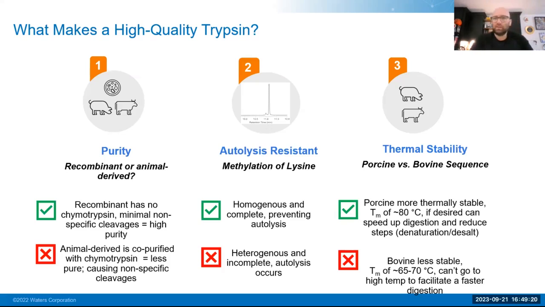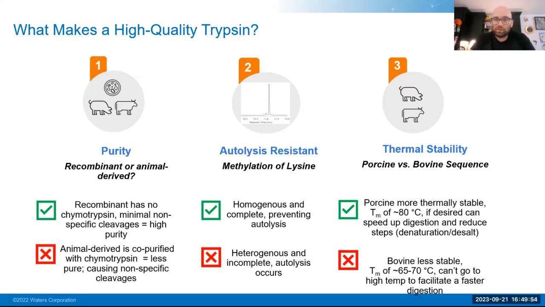We really wanted something that was thermally stable as well. Again, we're trying to minimize the time it takes to perform the digestion, because the longer it takes, the longer those samples sit, the more modifications occur due to time, due to the presence of oxygen and different environmental hazards related to protein digestion, which can cause things like oxidation, deamidation, et cetera, and introduce artifacts related to charge variants and so on.